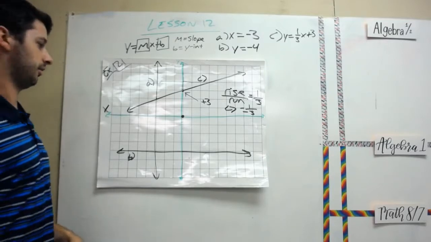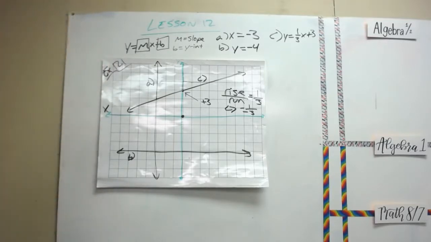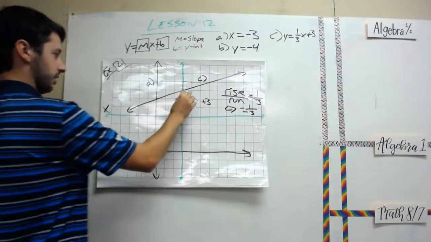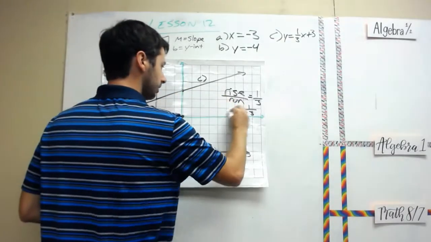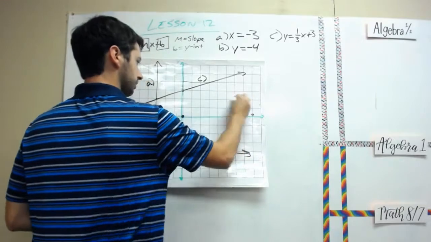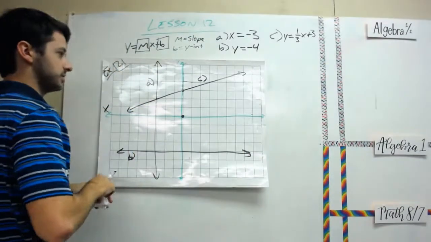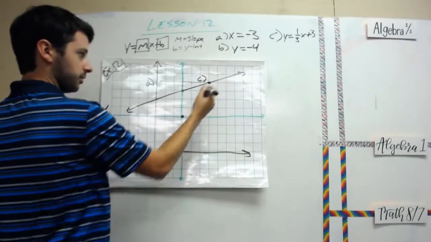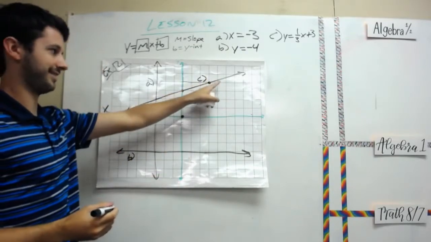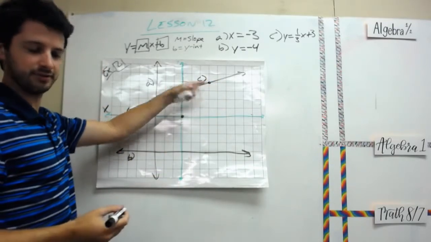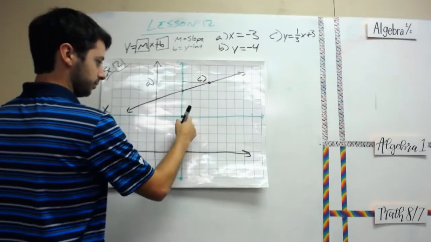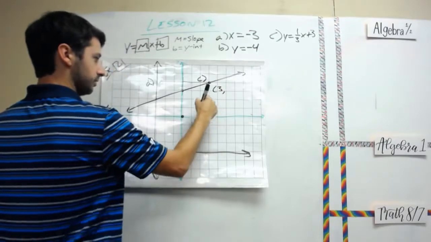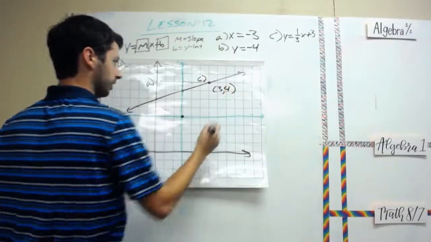Now, if it wasn't as easy as counting it, because sometimes it's not always easy, remember for the slope, you can find 2 coordinates where it crosses. So for example, this is a coordinate on the line and it crosses at kind of this T, and the graph is what I can see. That coordinate is 1, 2, 3, and 1, 2, 3, 4. That coordinate is (3, 4). So there's one coordinate on the line.